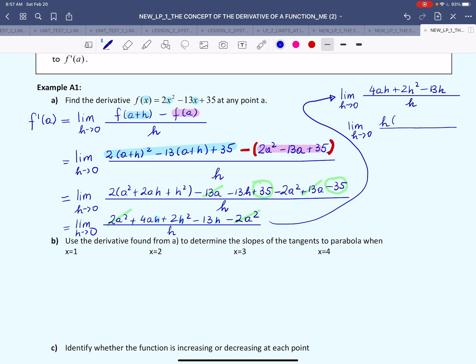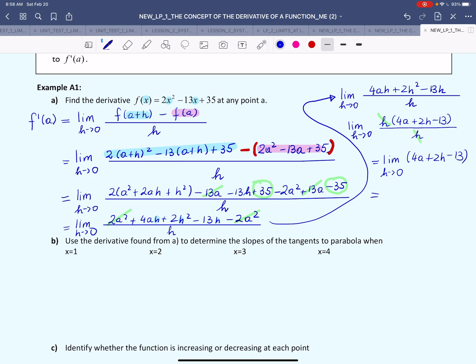So this would be h times 4a plus 2h minus 13, over h. And now it's time to say goodbye to h. So goodbye, h. And we have the limit as h approaches 0 of 4a plus 2h minus 13.